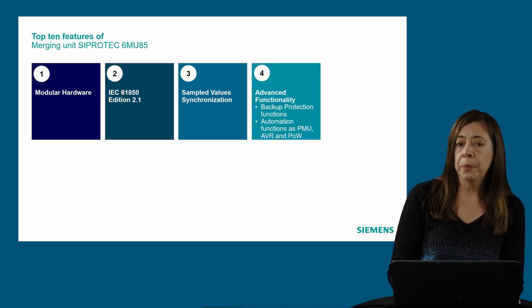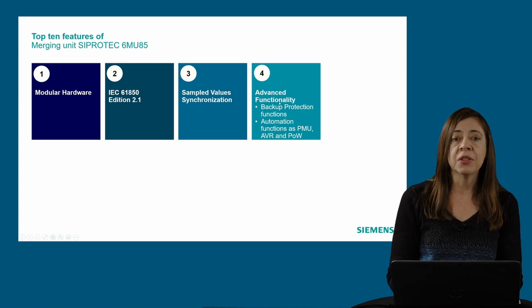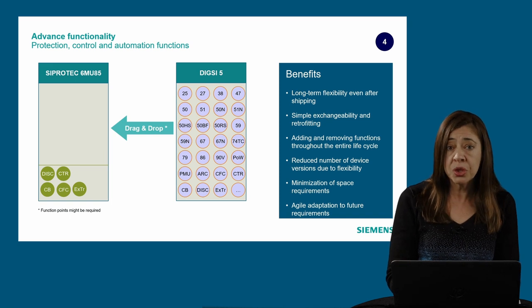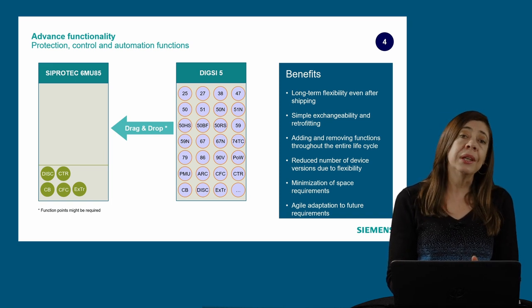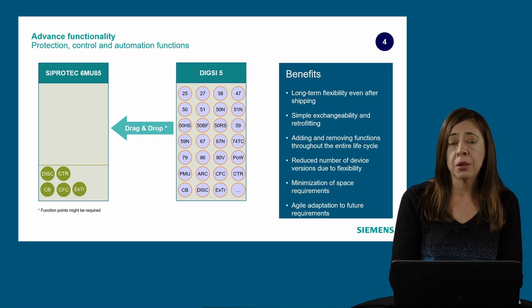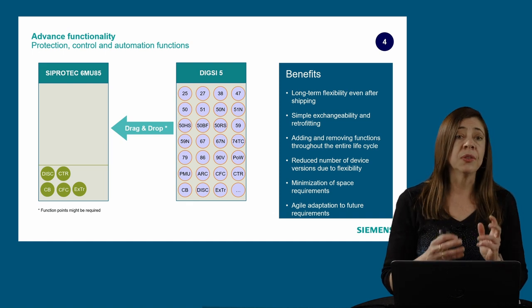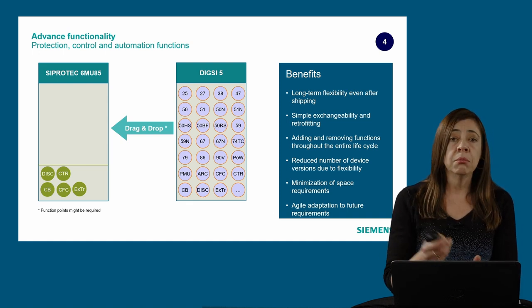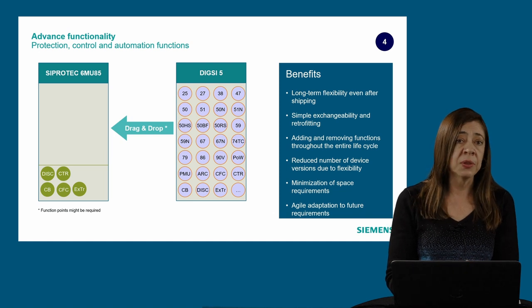The fourth feature is the advanced functionality. In the merging unit, you can add different types of protection functions, and you can do it at any time in the life cycle of the device. So when you are installing it for the first time, or even afterwards when you make an upgrade in your substation.